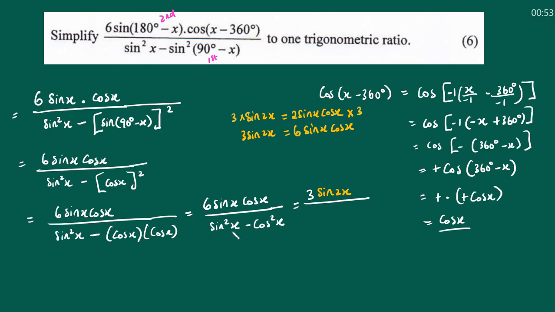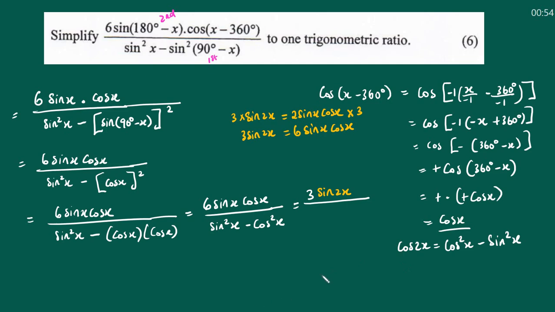Now I have sine squared x minus cos squared x. This also looks like a double angle formula. If you can remember, we said cos 2x can be written as cos squared x minus sine squared x. You see, this looks very similar to this. The only thing that is different is that here this is positive, here this is negative.